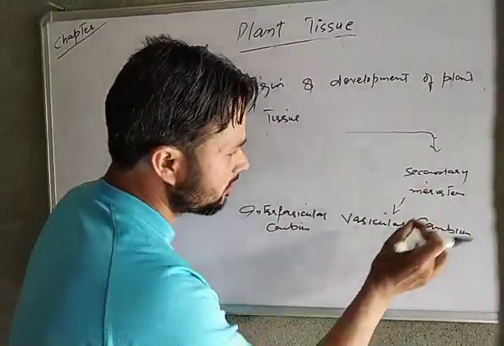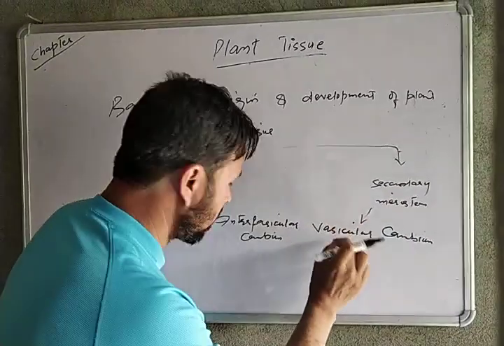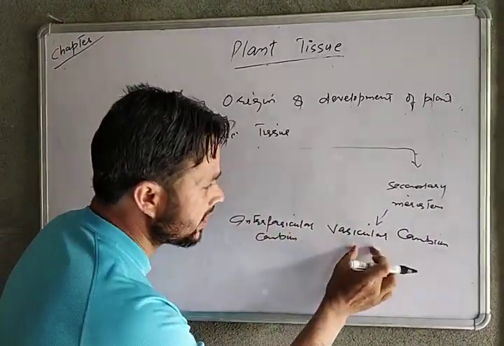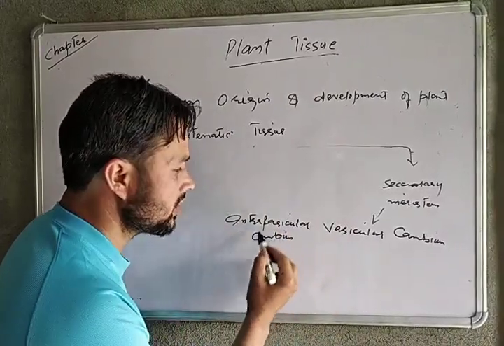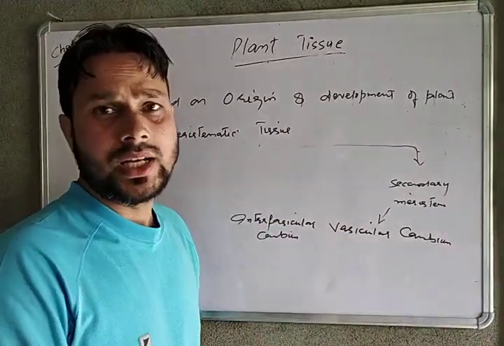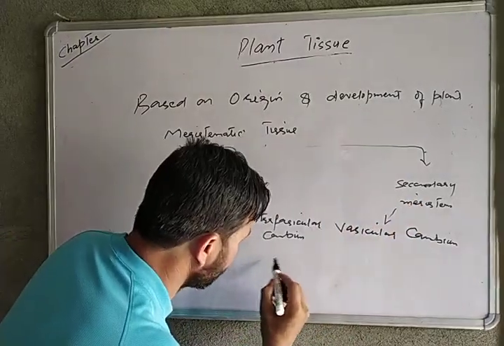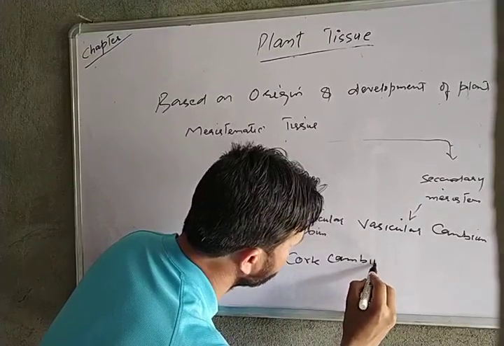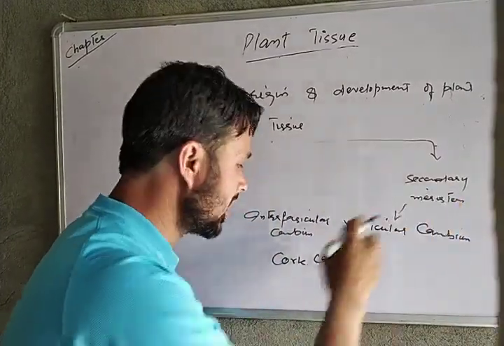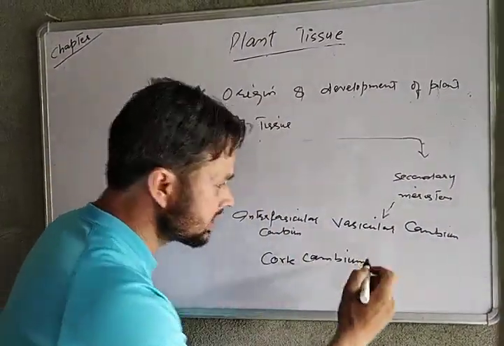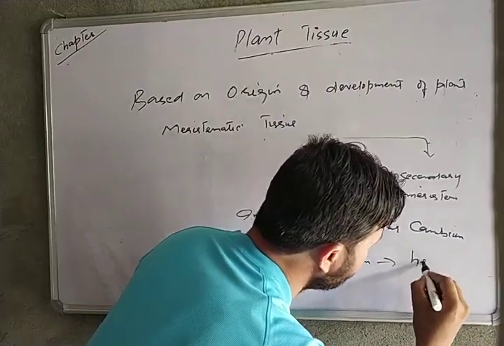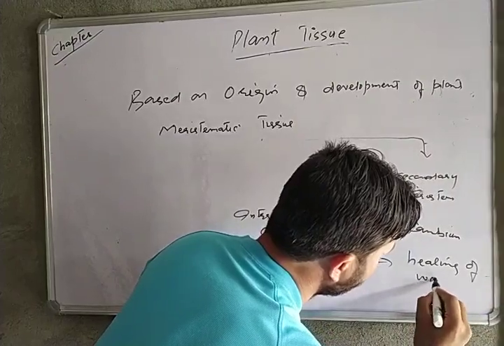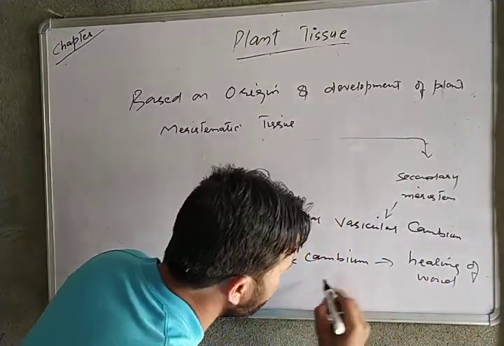So this secondary meristem has no origin. It occurs wherever and whenever it is needed. Or cork cambium. Cork cambium is also a secondary meristem. This cork cambium arises when there is need of healing of a wound or formation of protoderm.